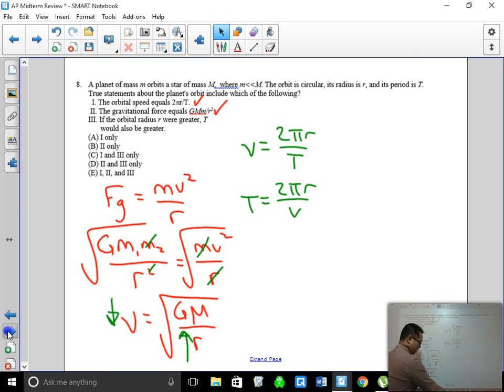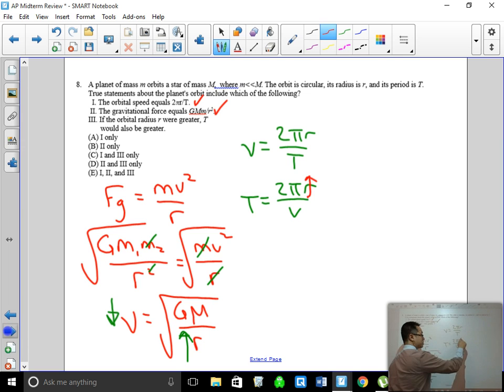If I increase the radius and decrease the speed, ultimately if I plug in numbers, you would see that the period would increase as well. You might have learned that in earth science with one of Kepler's laws, but basically all the statements are true.